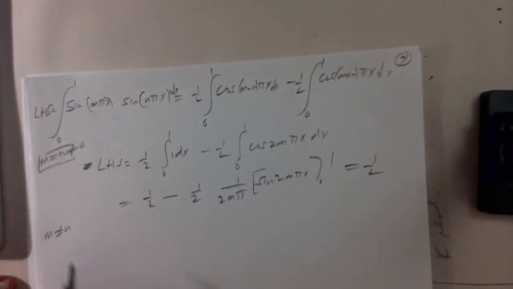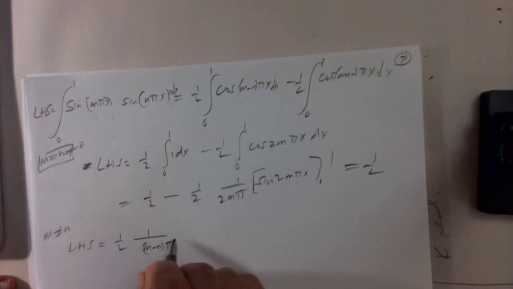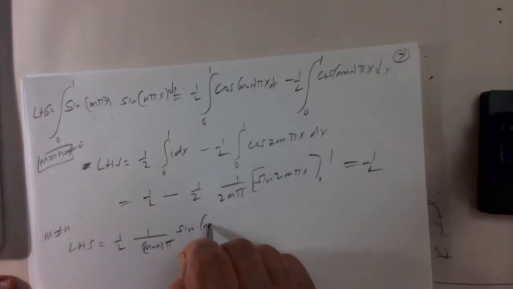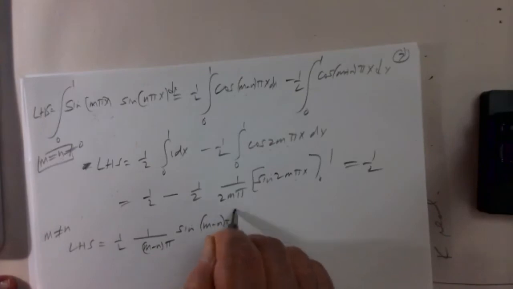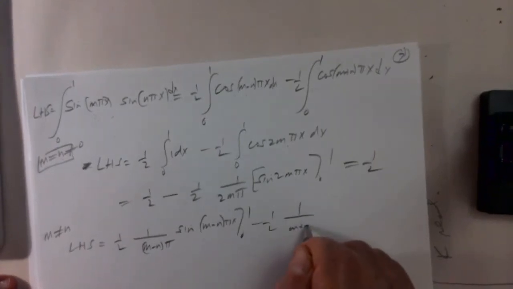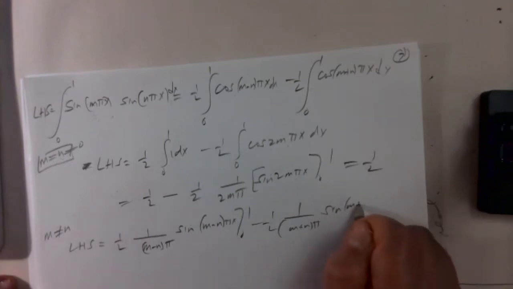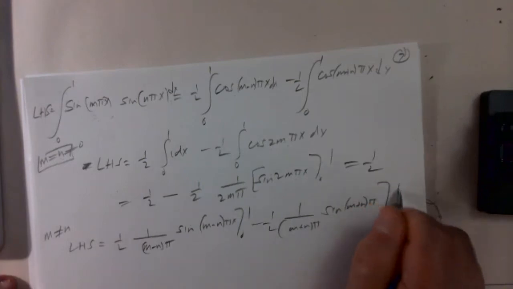If m is not equal to n, what do we get? The left-hand side, when I integrate this, this is 1/2. I get 1 over (m minus n) times pi sine of (m minus n) pi x from 0 to 1, minus a half 1 over (m plus n) pi sine of (m plus n) pi x from 0 to 1. This is all equal to 0.